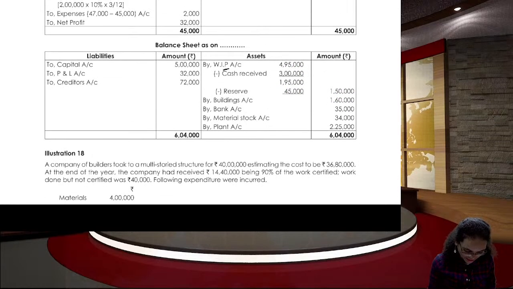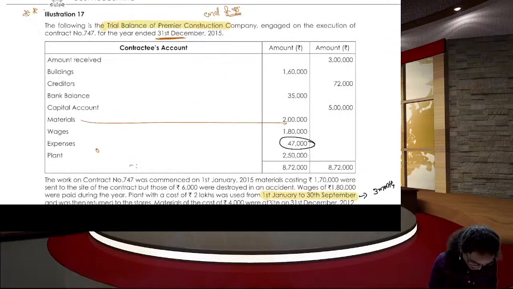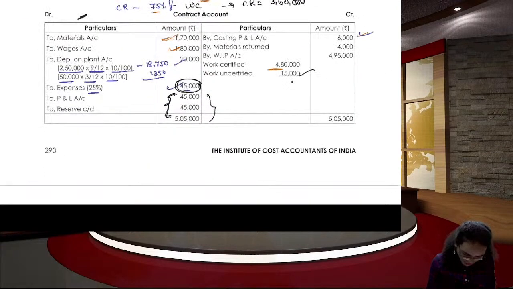And the bank value is given in this one, and for material again the point comes. You need an explanation for the material also. See, come here. Here the material is showing 2 lakhs. But what is the material consumed here? This is the material consumed. This last one you don't take into consideration, and this is a return.